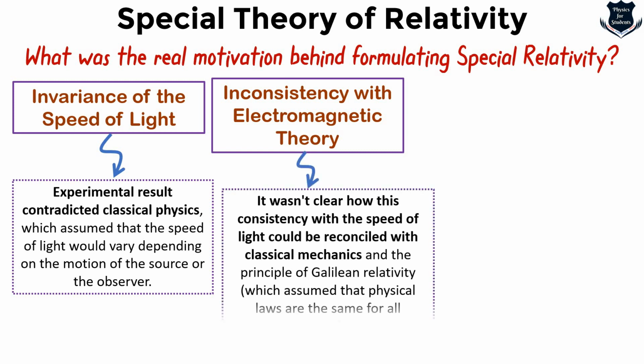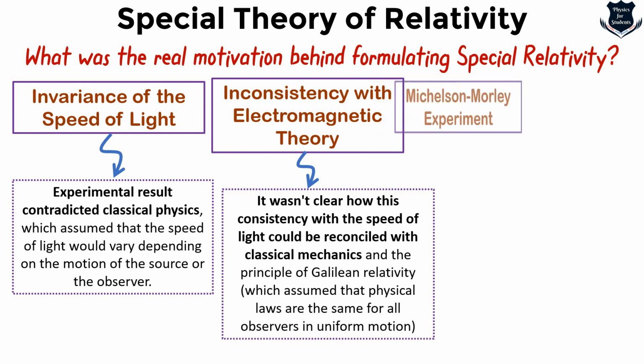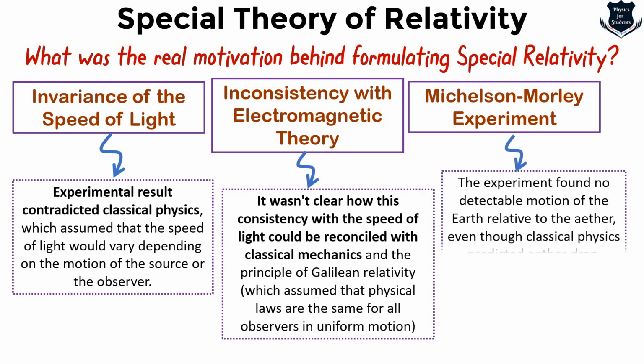The second is the inconsistency in terms of the Michelson-Morley experiment. It was not clear that this constancy would lead to classical mechanics and how it would be united. Also, the Michelson-Morley experiment, as I was stating, found no detectable motion of the Earth relative to the ether, so the constancy of the speed of light was being established.